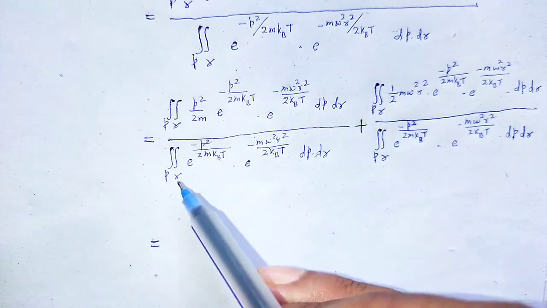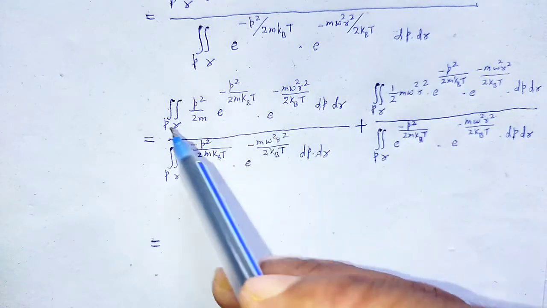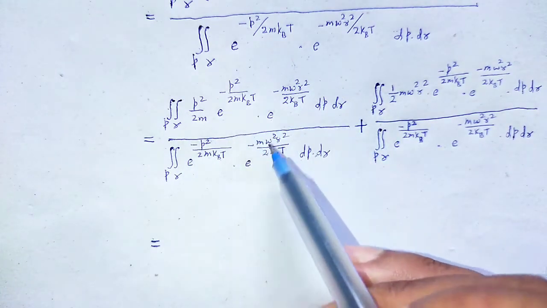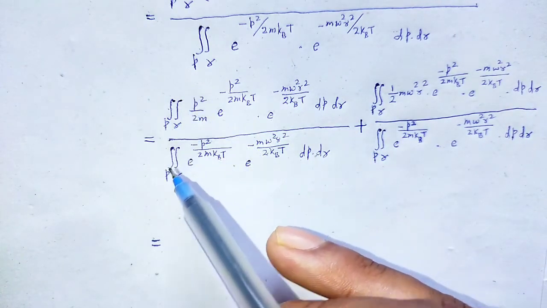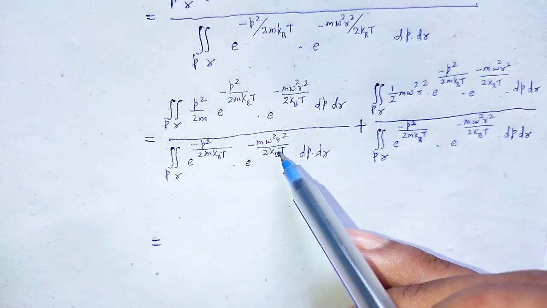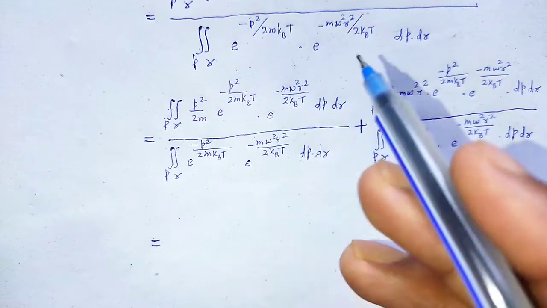In the numerator and denominator terms, if we take the integration with respect to dr, the dr integration cancels out, and only the dp term exists.